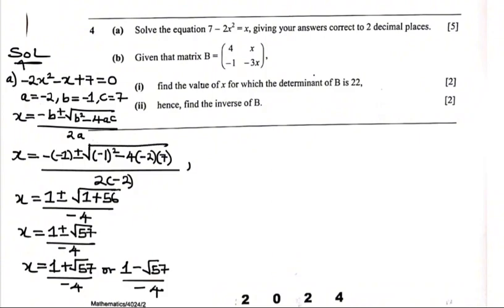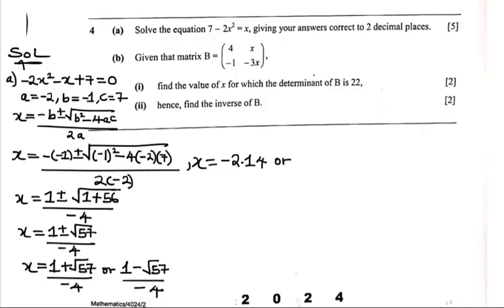So starting with the first one, x is going to equal 1 plus square root of 57. If you use a calculator, 1 plus square root of 57 gives 8.549834435. Then divide that by negative 4. So here we are getting negative 2.137458609. We can round off this one to 2 decimal places, which will give negative 2.14.